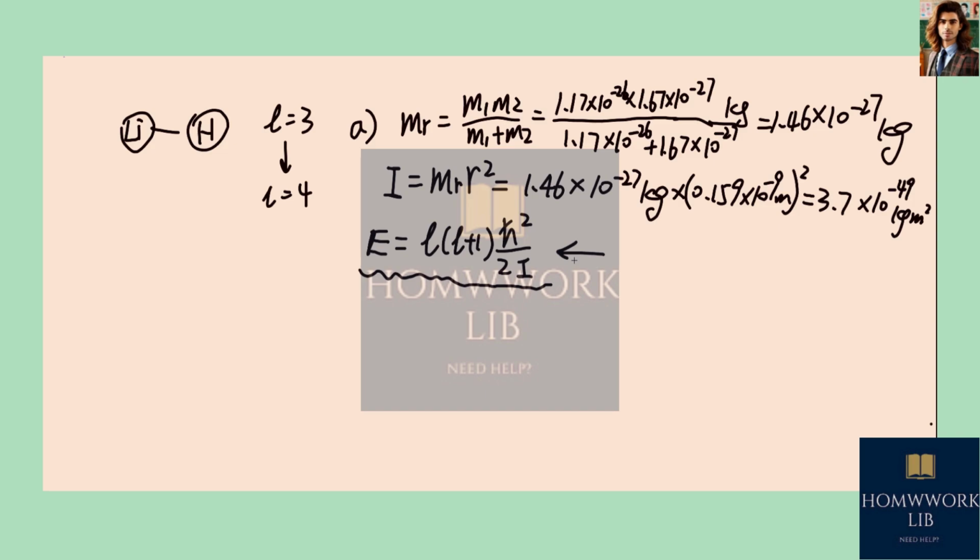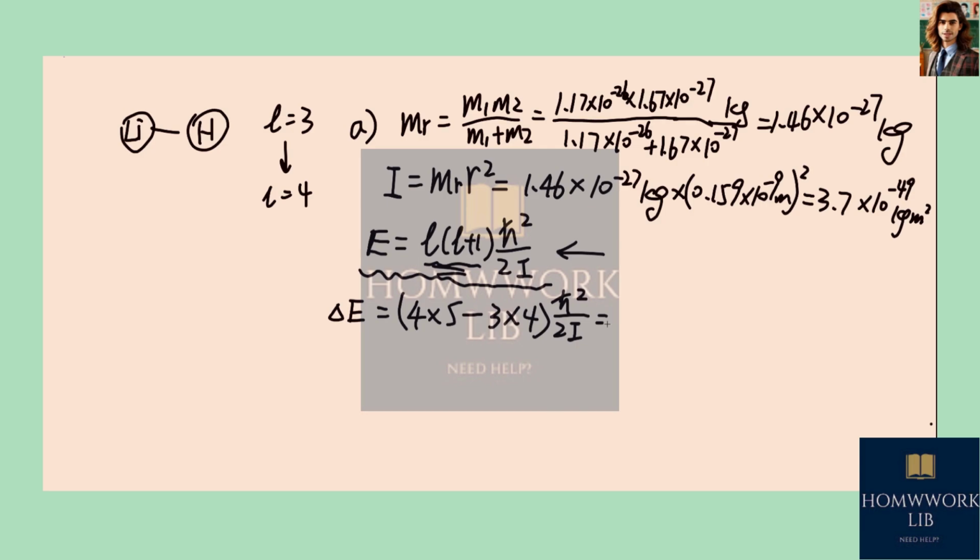What we're looking for here is a change of energy from L equals 3 to L equals 4. So for L equals 4, L times L plus 1 is 4 times 5. And then for L equals 3, this part is 3 times 4, and all the other parts are equal. It's h bar squared over 2I.